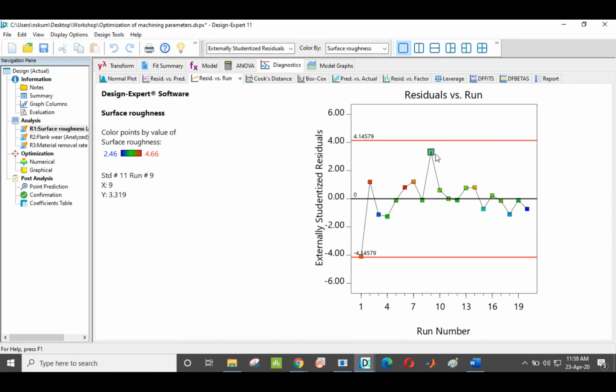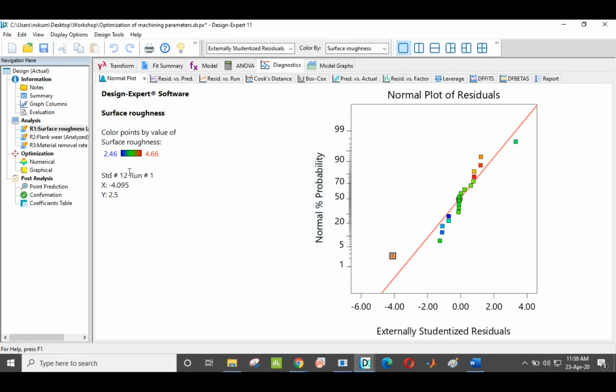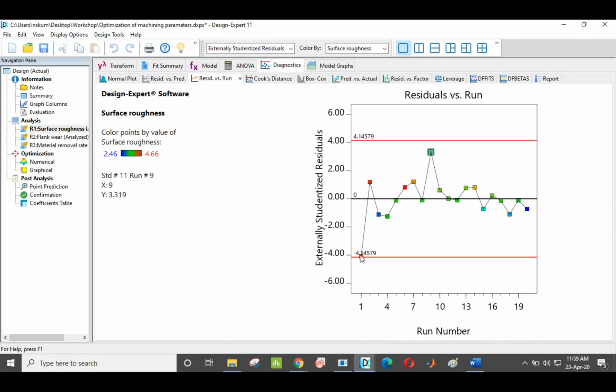Then residual versus run: this is run number 1 and this is run number 9. So this is easily identified. Even though the runs are within the bounds, larger residuals are being produced.